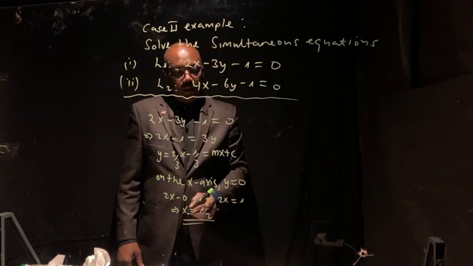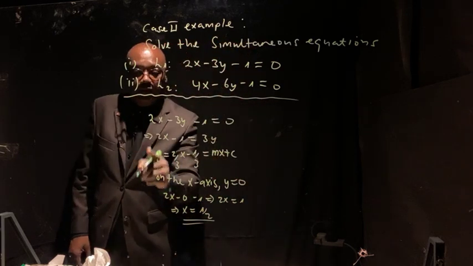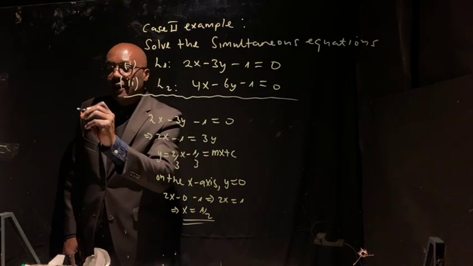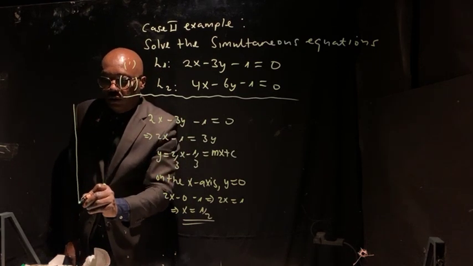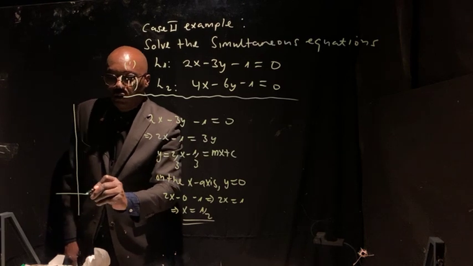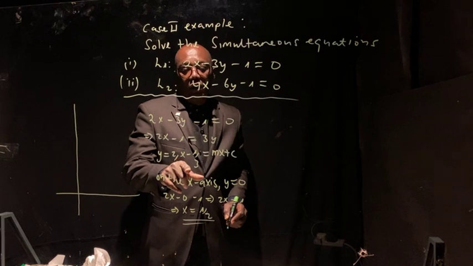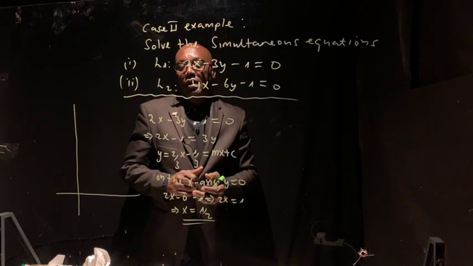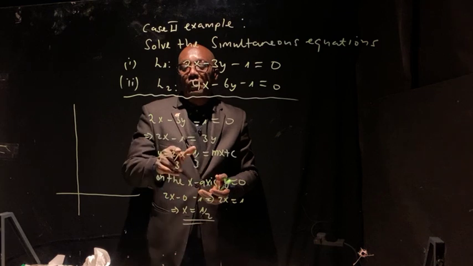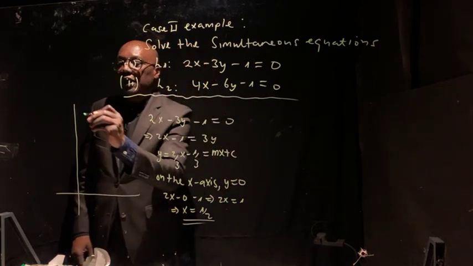It tells you that this specific equation will have a graph like this. By the way, you see that the gradient m is 2/3. 2/3 means it is positive 2/3, which indicates that the gradient is a positive gradient.